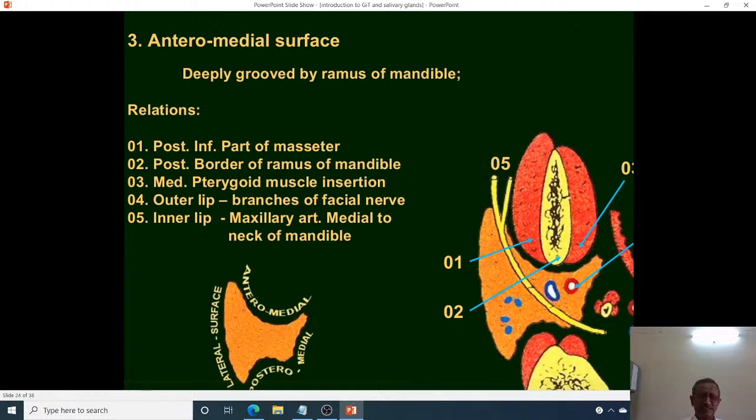The anterior medial surface is deeply grooved by the ramus, and its relations are the posterior inferior part of the masseter.